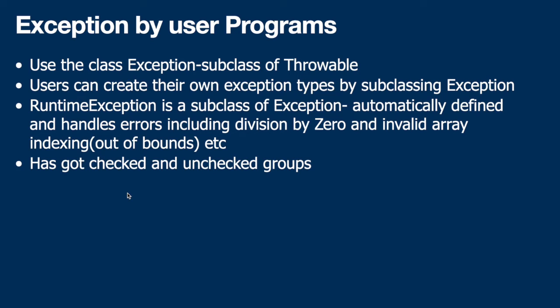When we say checked, the language checks that the error has occurred before running, so it will alert you. But in unchecked groups, the language doesn't know before compile time that an error is going to happen, but it will occur when the error happens during runtime.